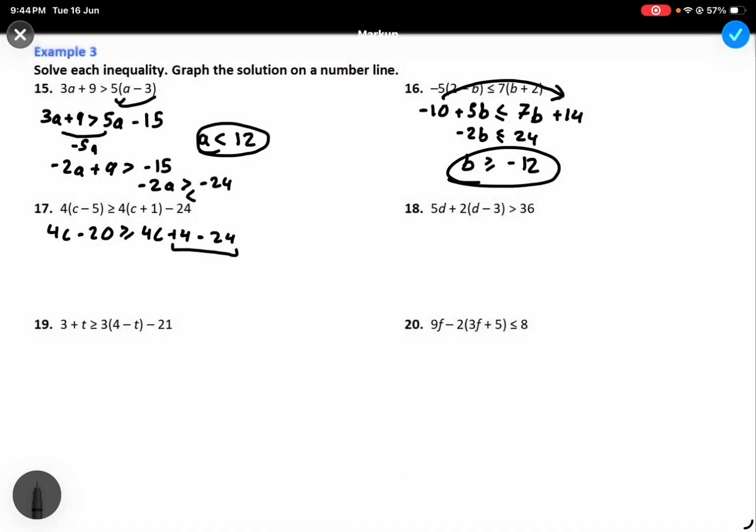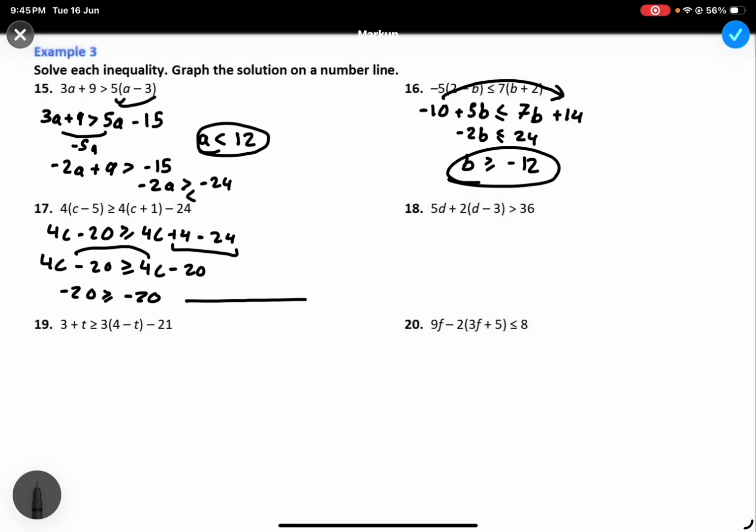If we simplify, we get 4c minus 20. And this is interesting because 4c minus 20 is greater than or equal to 4c minus 20. This means the solution is all real numbers. If you move the 4c to this side, you get negative 20 is greater than or equal to negative 20.